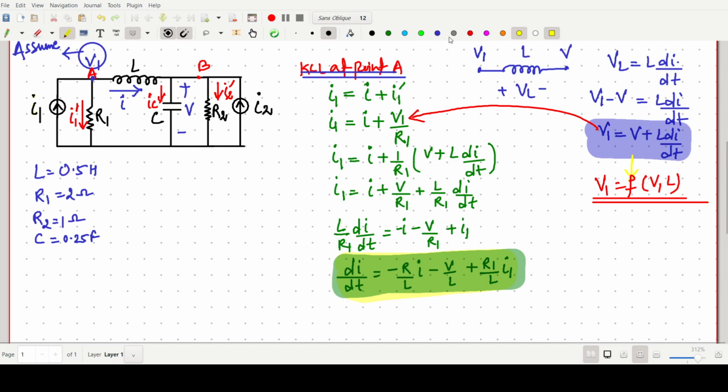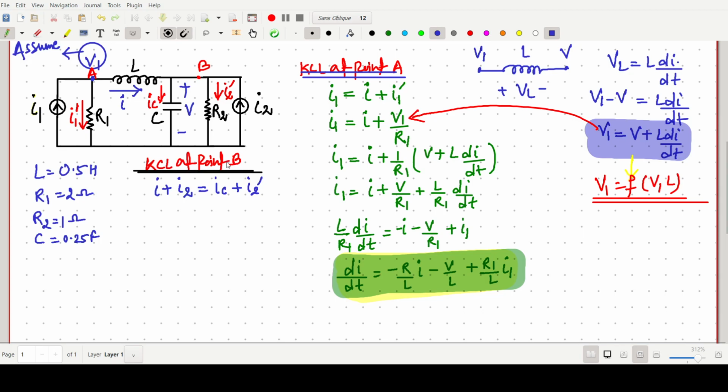Now we have to do KCL at point B. So now we have to write the KCL equation at point B. Take any point B: total incoming current at that point B, we can say I plus I2, equals total outgoing IC plus I2 dash.